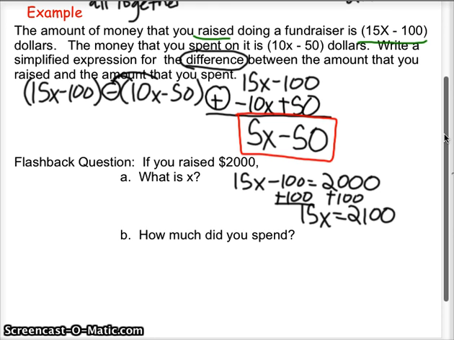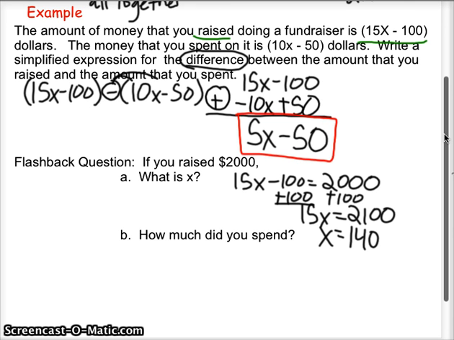So I divide both sides by 15. So 2,100 divided by 15. That gives me that x is 140. All right, so my x is 140.